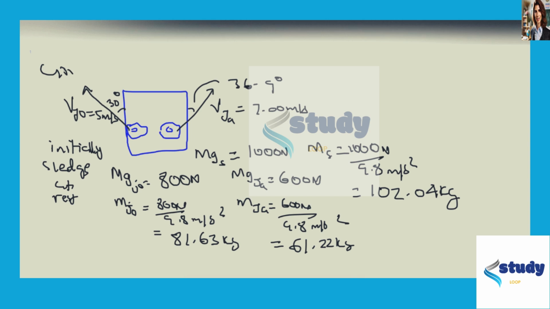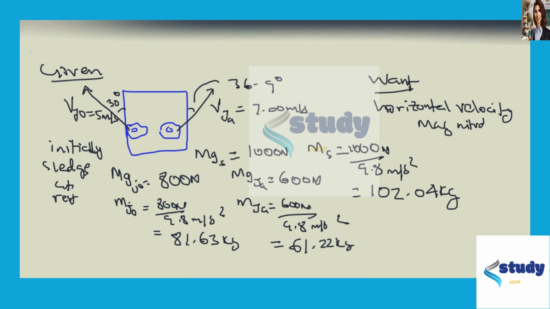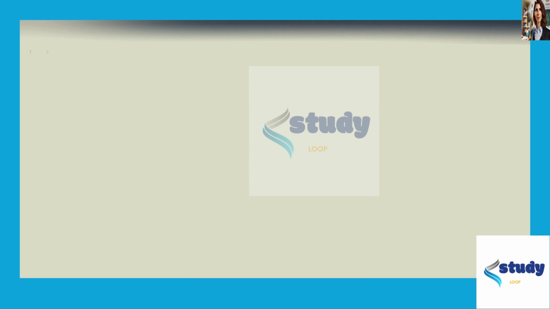So this is the information that we're given, and we want to find the horizontal velocity of the sledge in terms of magnitude and direction after they jump. We're going to do that on the next page.